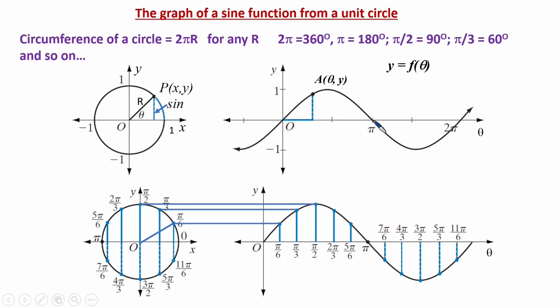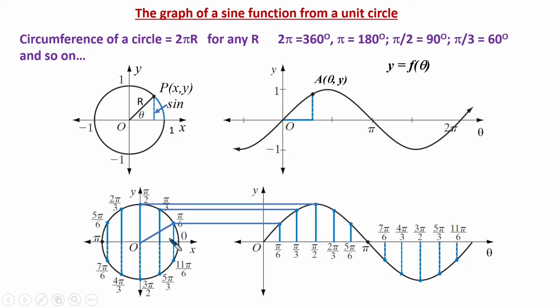So when it goes to pi, the distance covered is pi, it will go to 0. Then when this moves here, it will have a minus 1 maximum. When it travels 360 degrees or 2 pi, the projection of this dot on the y-axis will again be 0. So you can see the sinusoidal function, where it increases from 0, goes to maximum, then again 0. This is one cycle, one rotation.